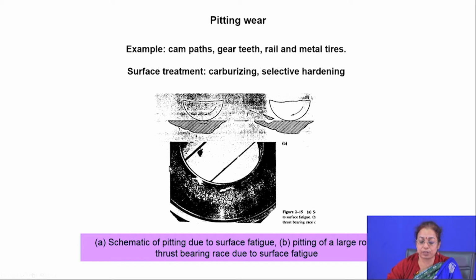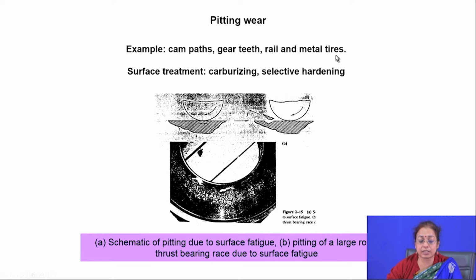If you see the pitted wear surface you will find small pits on the surface, and the pit area as well as pit depth depends on the kind of applied load as well as the meeting surface. Again the typical load is fluctuating in nature, and examples of pitting wear are cam paths, gear paths, rail and metal tires.